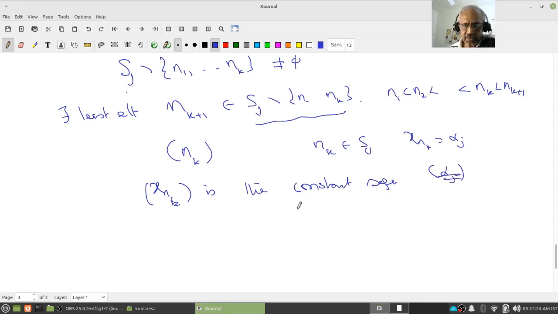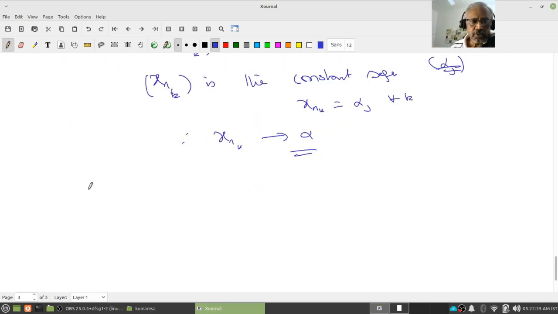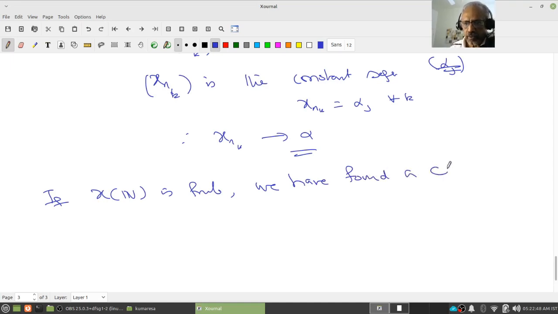Constant sequence, that is x_nk equal to alpha j for all k. Therefore x_nk converges to alpha. So thus we have proved if the range of xn is finite, we have found a convergent subsequence. Okay, please go through the proof and understand.